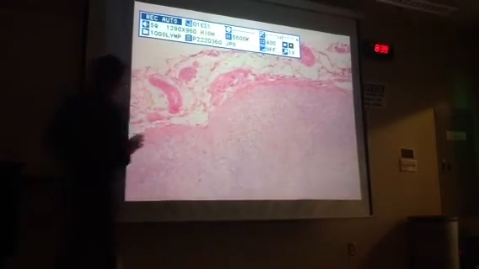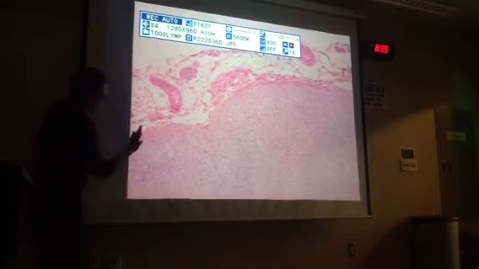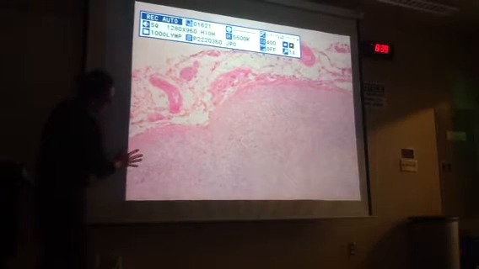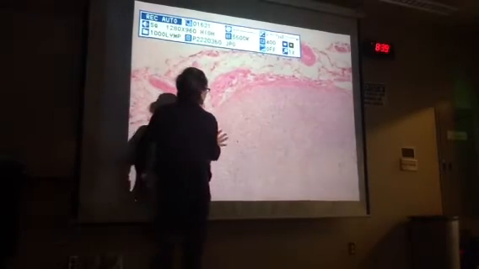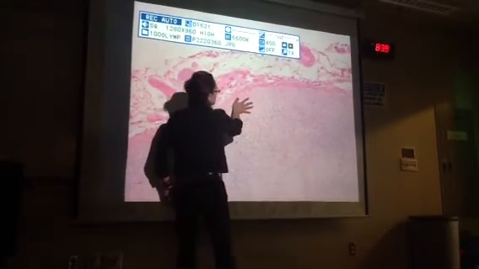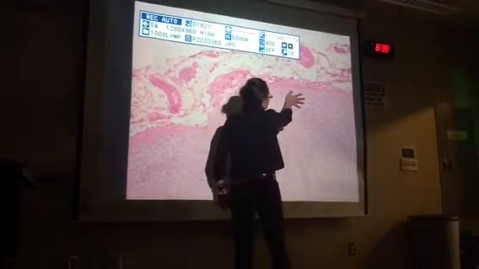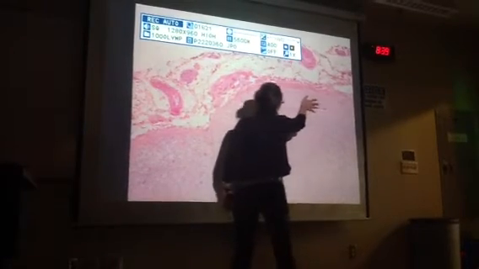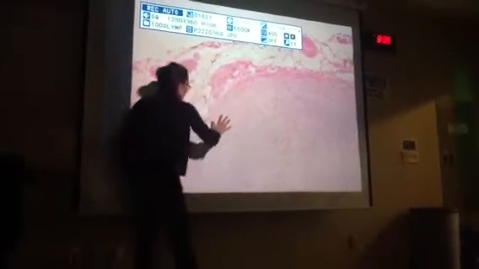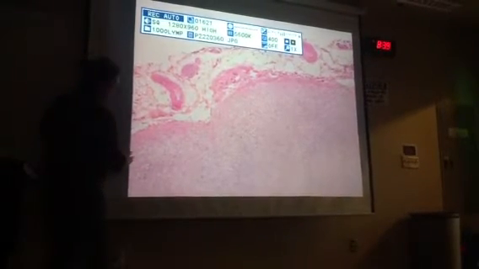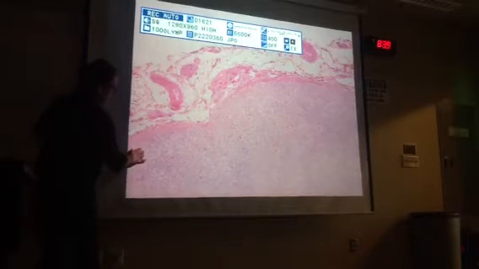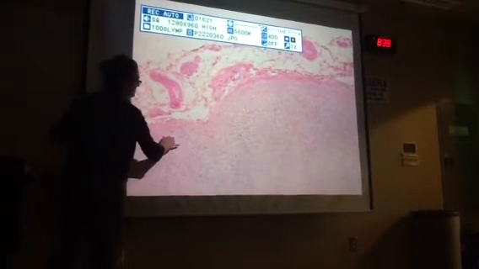And then you can see there's a layer of cells that are running about the width of my hand right here. That's the layer of cells right below the capsule, and that's your zona glomerulosa. And again, you lose the definition projecting it, but when you look, those cells look like they're swirling a little bit like this.